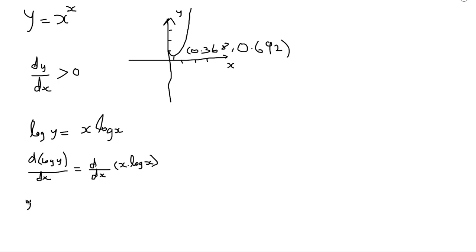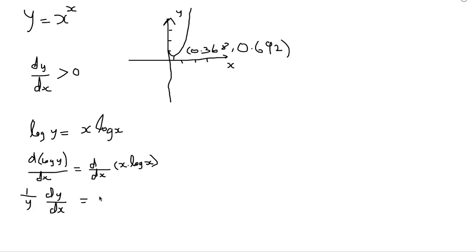So what we're going to get is 1 by y, because log y differentiated becomes 1 by y, and y differentiated separately is dy by dx, equals, same here, differentiate x separately, and then leave the log x multiplied, and differentiate log x separately, leave the x multiplied.